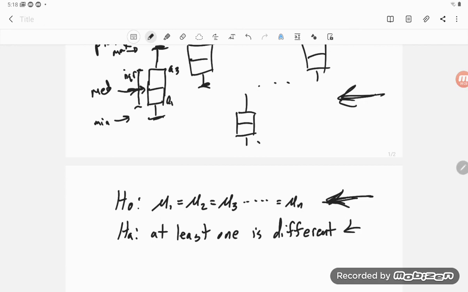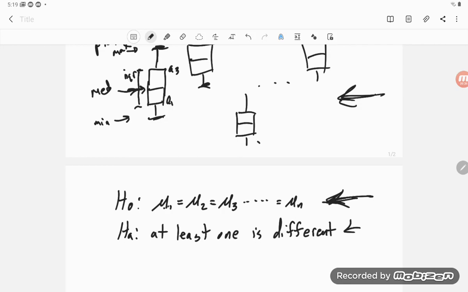Now in the chi-square test of independence, we were saying that those relative proportions across columns were all the same. So it really is very similar.